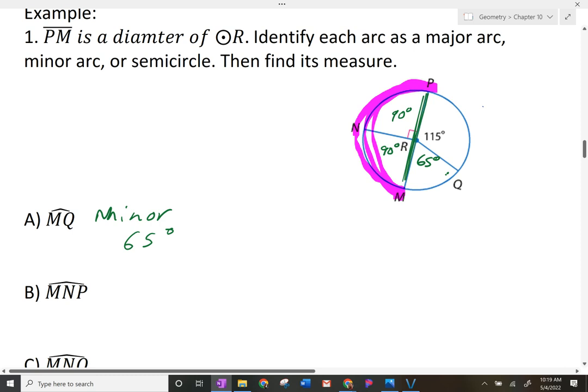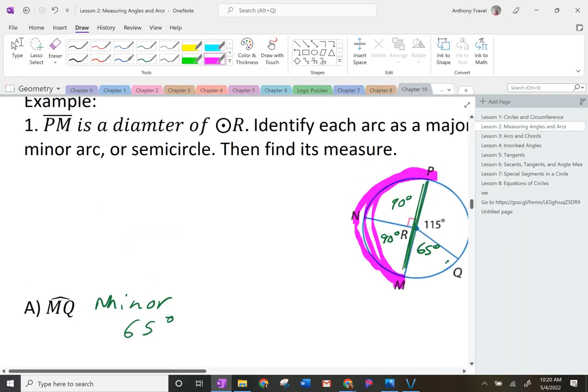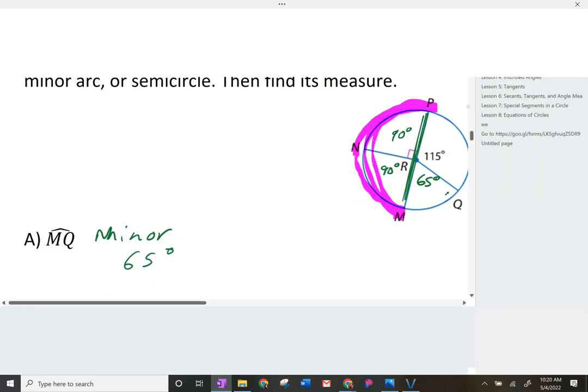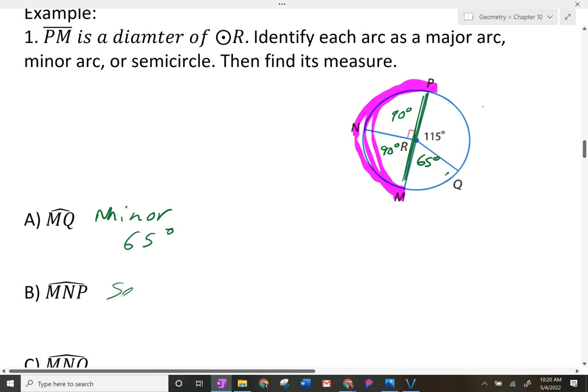So out of this portion here, minor, major, or semicircle? There it is. Semicircle. It's just half of that circle, so it's a semicircle. If it's a semicircle, how many degrees is it? 180, yeah. Or if you weren't 100% certain, you could take 90 plus 90. Super duper.